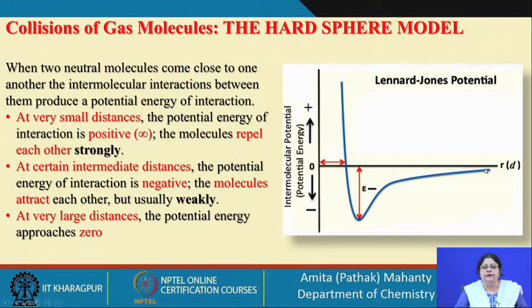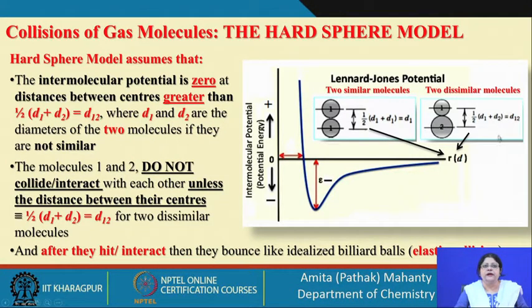This will happen only when the centers of the two molecules, if they are similar molecules, are at a distance greater than d1, and if they are dissimilar molecules, then their distance is half of one diameter plus the other diameter added together.